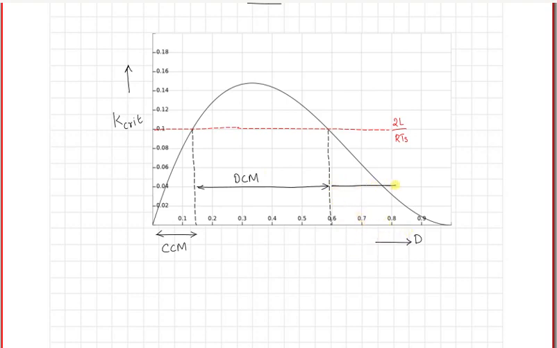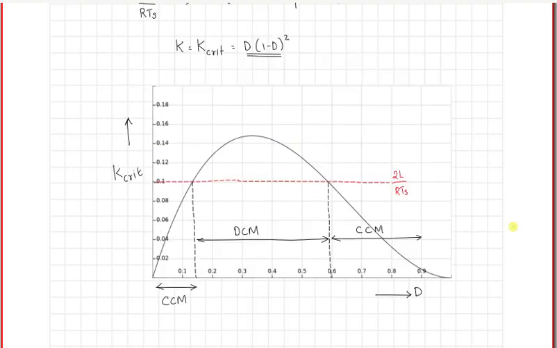So here this region would then again be CCM operation. Right? And so if your k now moves up or down, the region of D for CCM or DCM will also correspondingly move up or down.